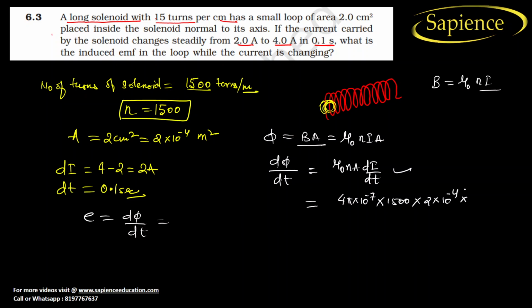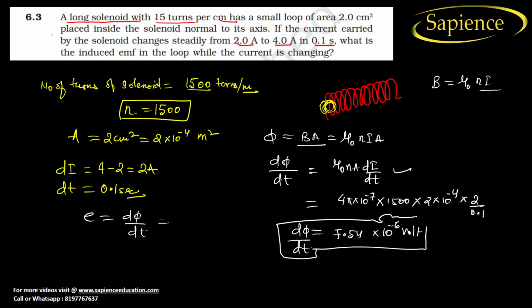Now what is di by dt? Change in current is 2, by change in time 0.1. So when you calculate overall, the final value will be 7.54 into 10 to the power minus 6 volt. I hope you understood this one. And this itself is the EMF, right? Let's go for the next one.